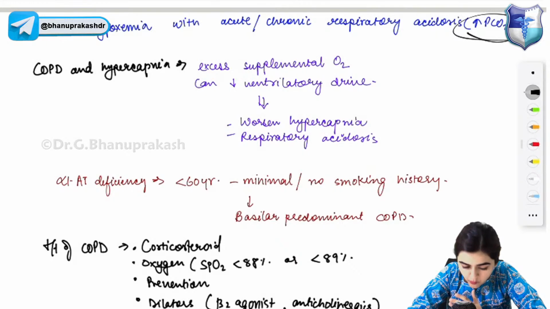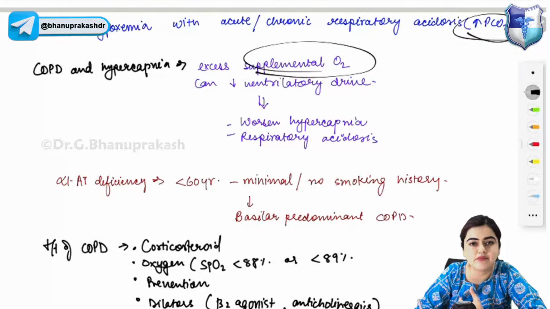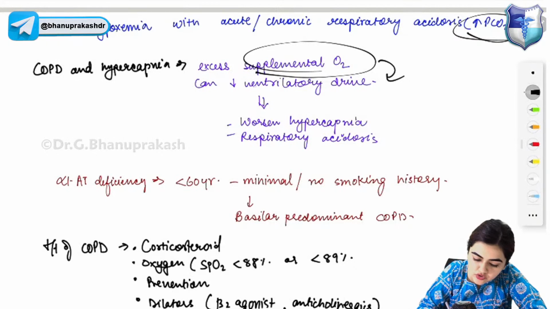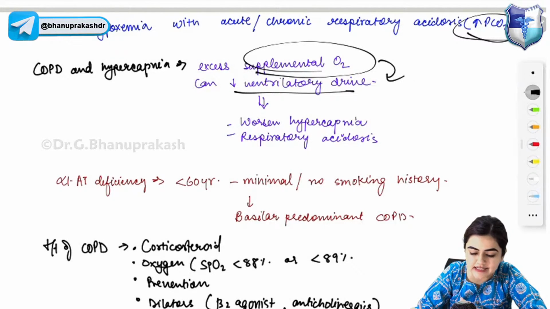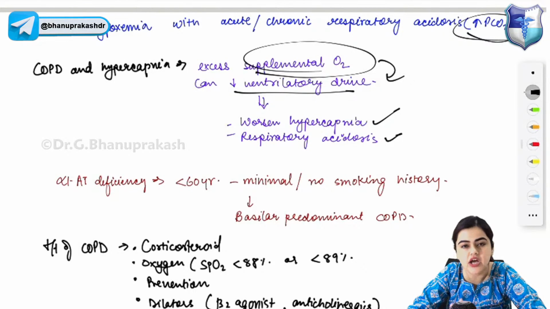Now, excess supplemental oxygen will decrease the ventilatory drive, and when ventilatory drive is decreased, that can worsen hypercapnia and respiratory acidosis. So supplemental oxygen in case of COPD is a double-edged sword.